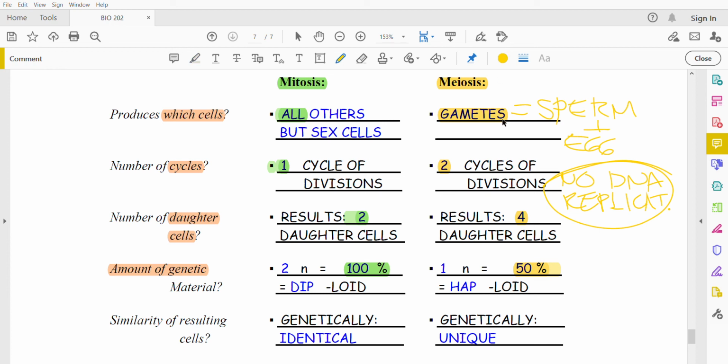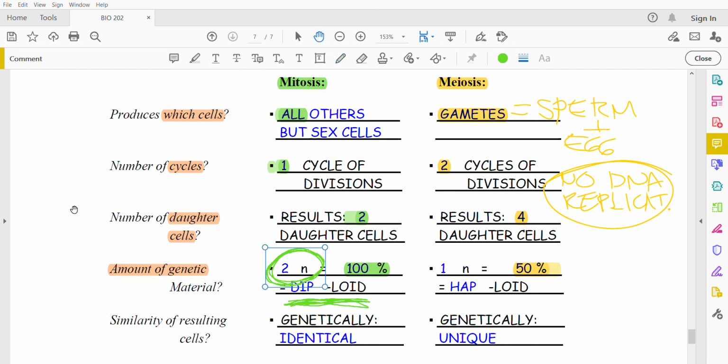And here comes some terms that we covered in the lecture videos. You remember 100% of the DNA could be sometimes abbreviated as 2N. So that's the full amount of DNA in the cell. The term that we used to describe that was that these cells were diploid. Dip for 2N.